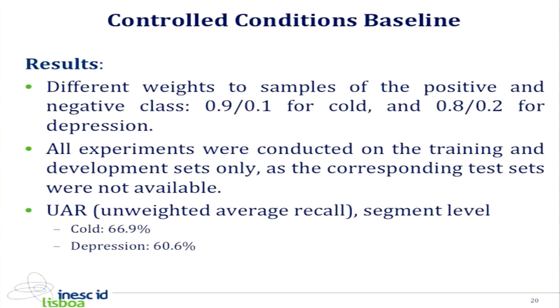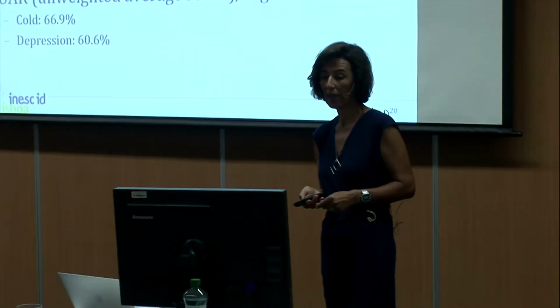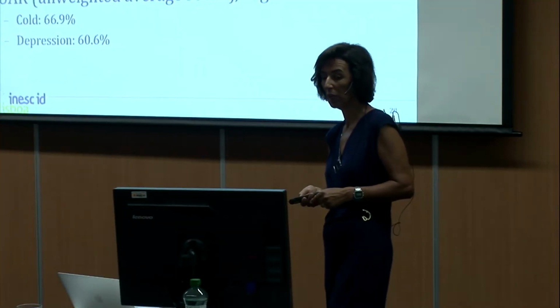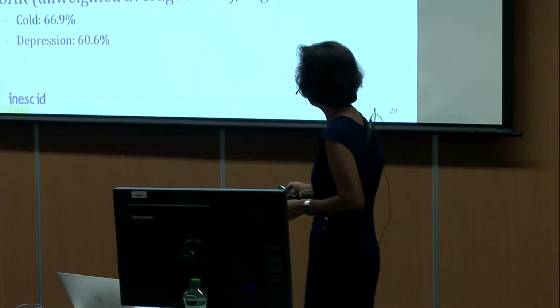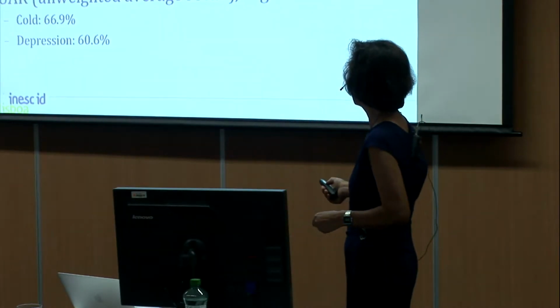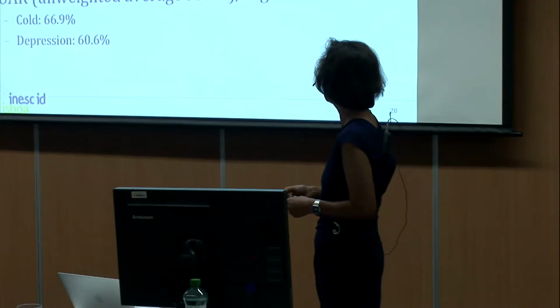The results for our baselines were achieved assigning different weights to samples of the positive and negative class because of the imbalance that I mentioned when I described the two data sets. The results are provided in terms of the most usual metric, which is unweighted average recall, or UAR.